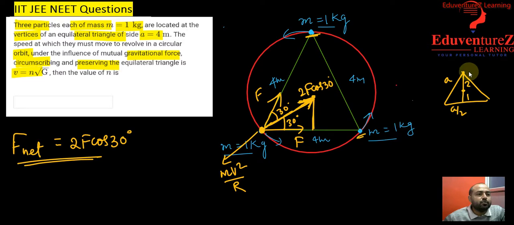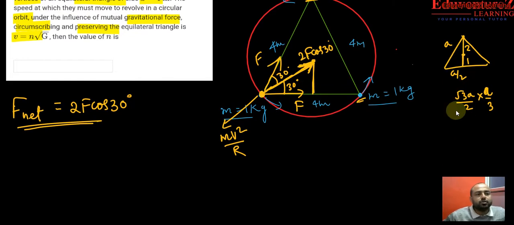Then this one is a by 2, and this height will be root 3 a by 2.